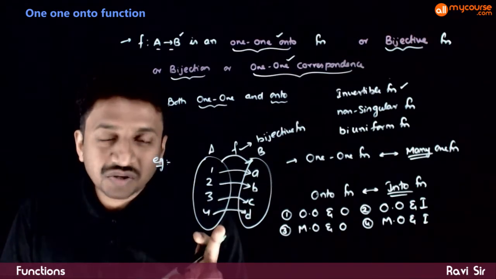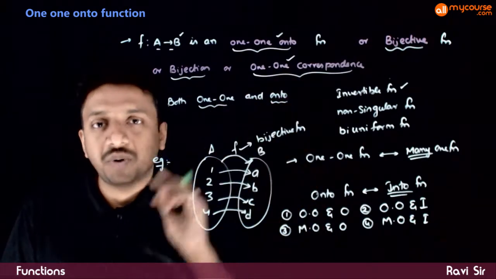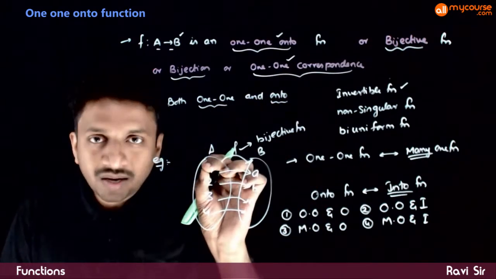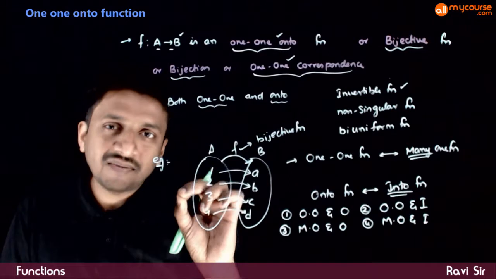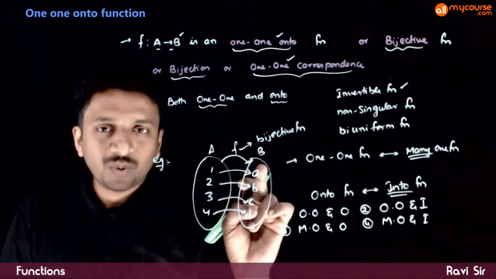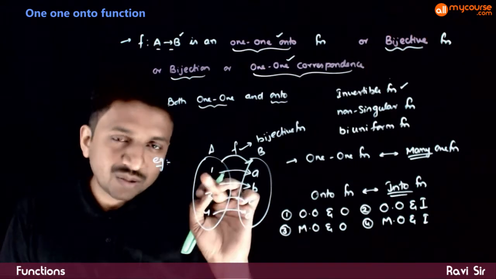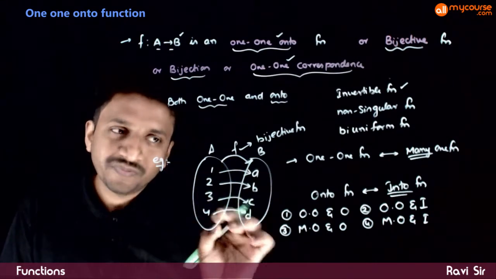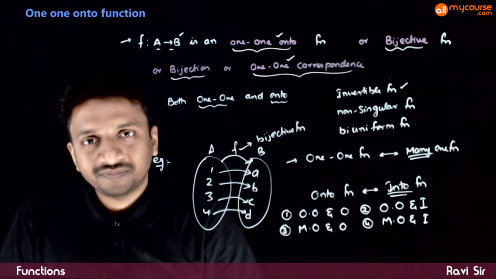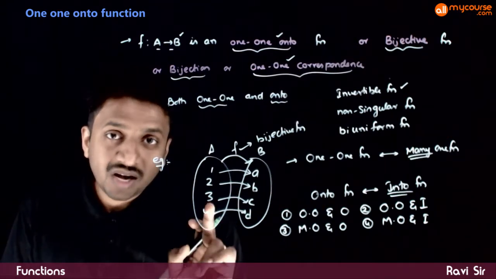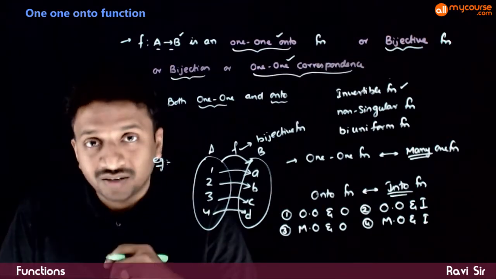So that is why this is called 1, 1 correspondence. Every element in the first set has 1-on-1 correspondence to an element in the second set.